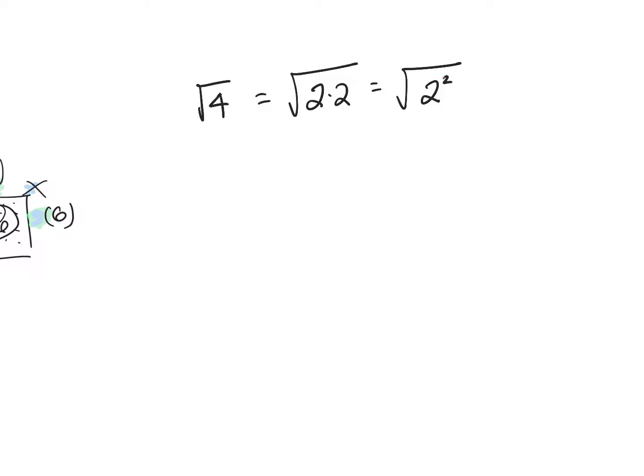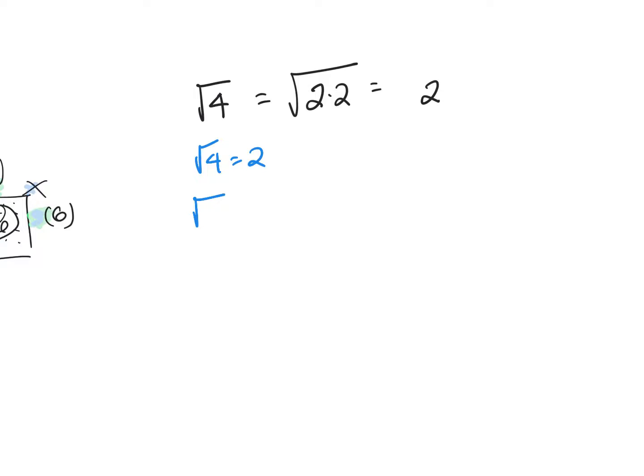And look, guys, what is the inverse operation of squaring? So that actually went away. These undid each other, so it's gone. So here we go. The square root of 4 is 2.